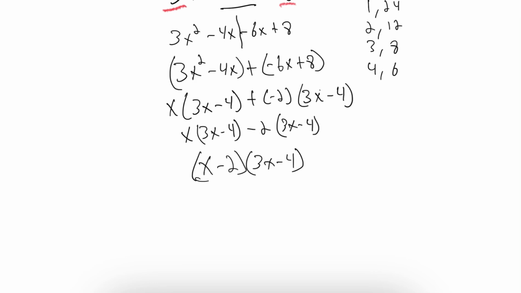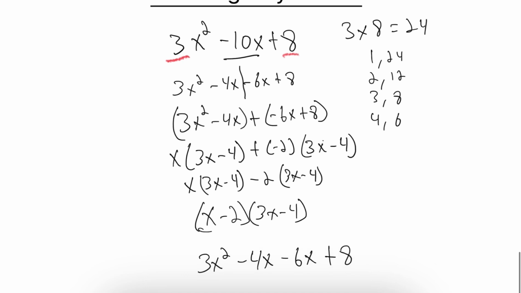So x times 3x is 3x squared. x times negative 4 is negative 4x. Negative 2 times 3x is negative 6x. And negative 2 times negative 4 is positive 8, which equals our original equation. So our final answer is right there.